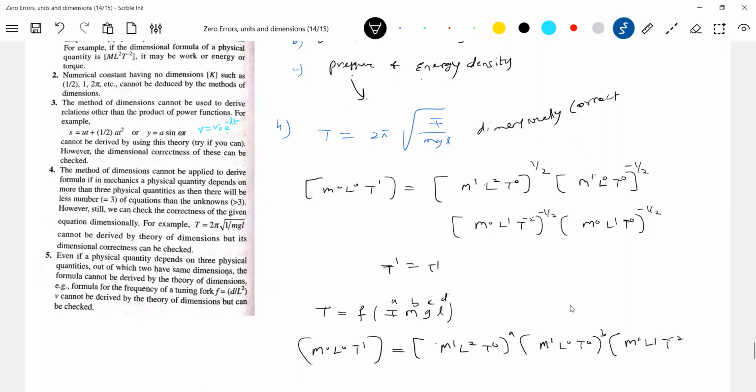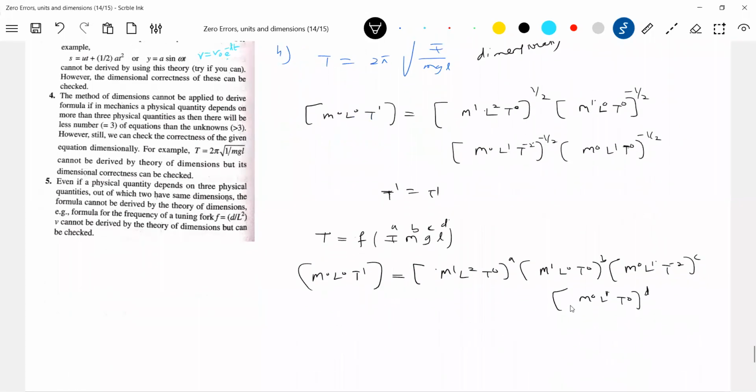M0 L1 T minus 2, C. M0 L1 T0, D. So this will be A plus B, L 2A plus C plus D. T is what? Minus 2C.